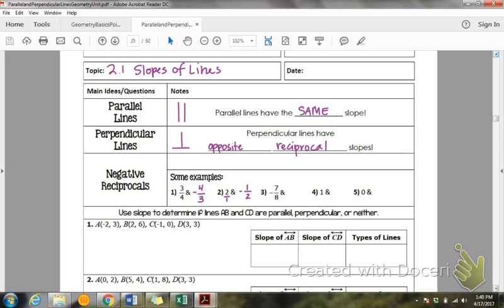What about negative 7/8? What would be the opposite reciprocal here? Donald? What's the opposite reciprocal of negative 7/8? You're going to change the sign so it becomes positive, and then reciprocal means to flip it. Good. 8/7.